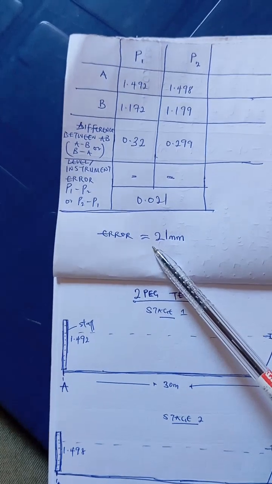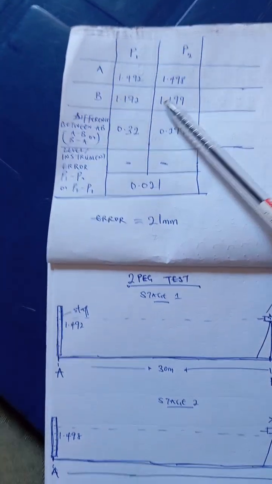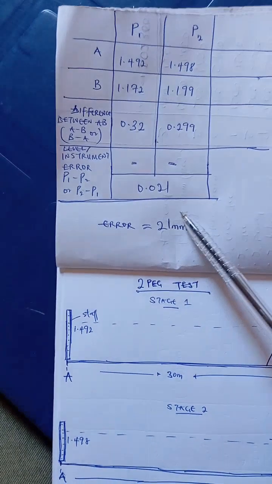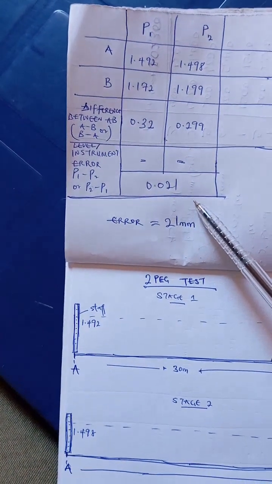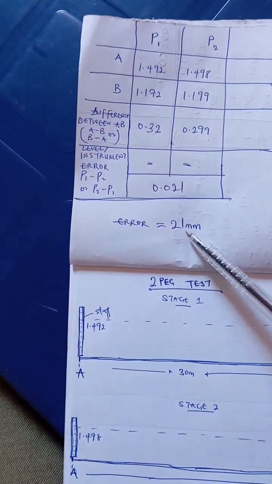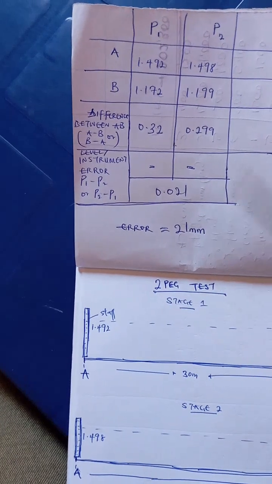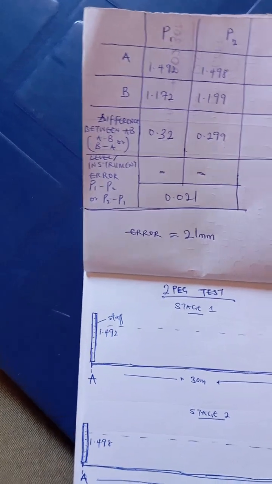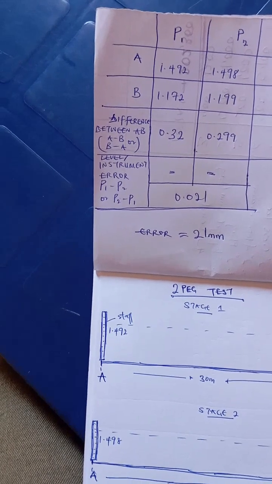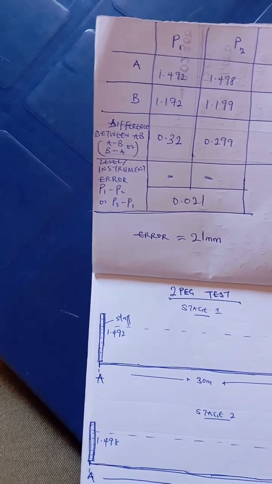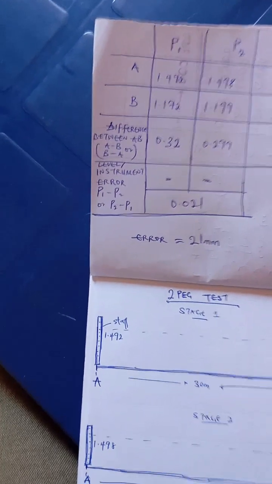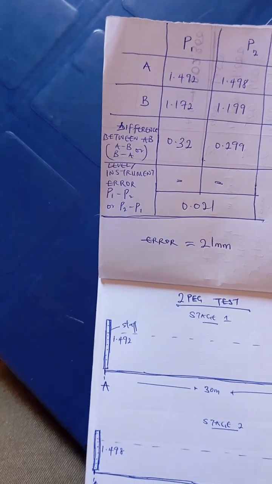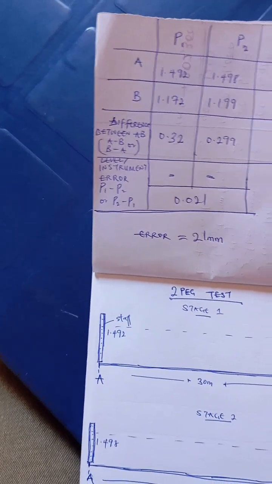If you have data like this after checking your instruments, with a difference of error of 21 mm, I don't think that your instrument is faulty, because this 21 mm might be due to the way you observe your reading, parallax error. It might be due to the way you place your staff, the way the chainman handles the staff and all. But if it's beyond, let's say, 25 mm and above, it is possible that the instrument is faulty.